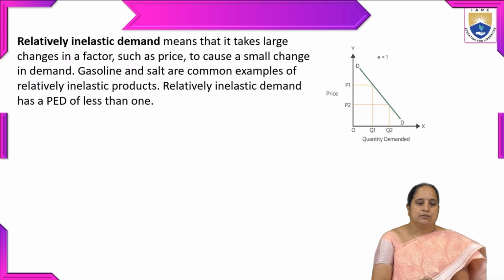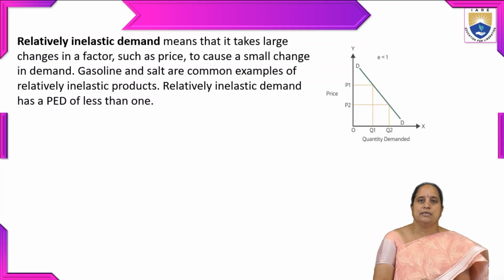The second type is relatively inelastic demand, which means that it takes a large change in a factor such as price to cause a small change in demand. Gasoline and salt are common examples of relatively inelastic products. So relatively inelastic demand has a PED of less than 1.